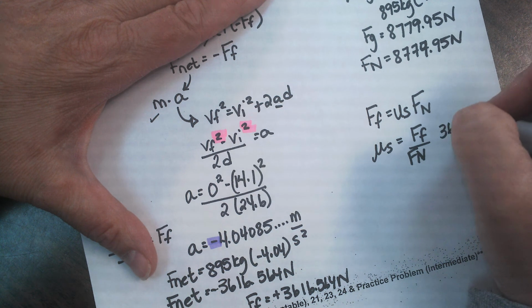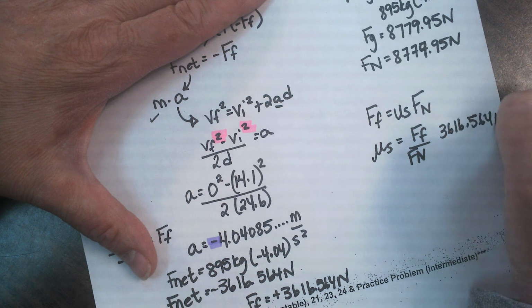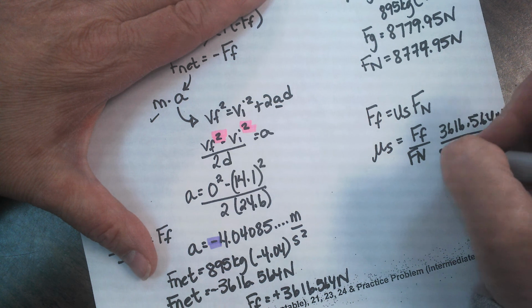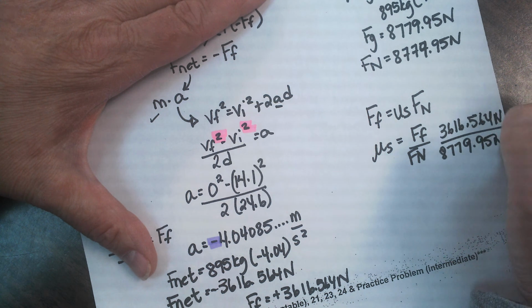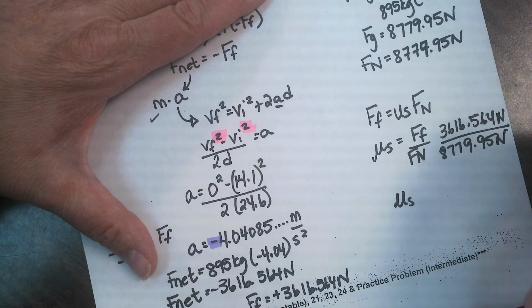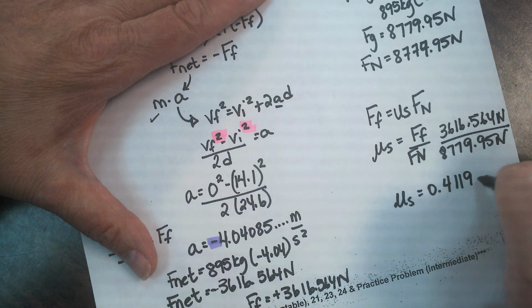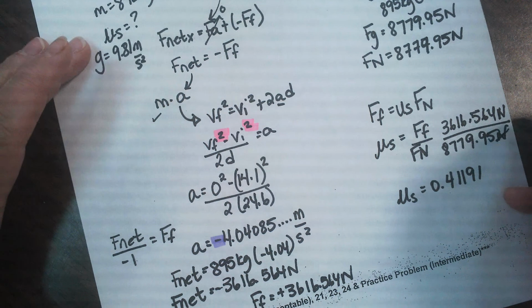So 3616.564 newtons divided by 8779.95 newtons. So my coefficient should be 0.41191. And there's no units. Newtons cancel out.